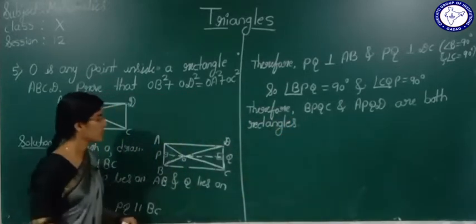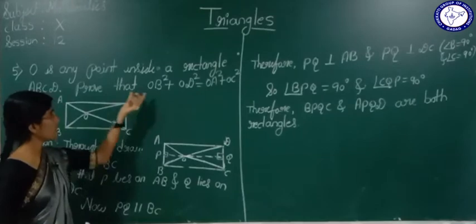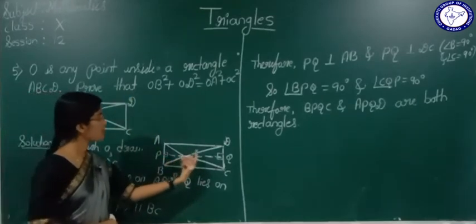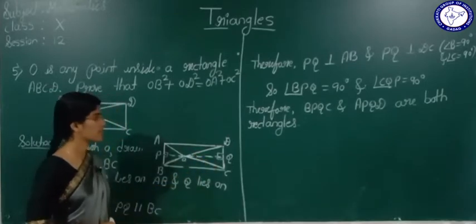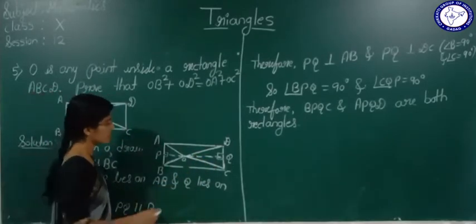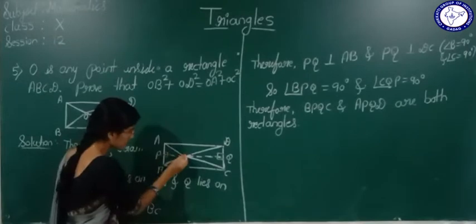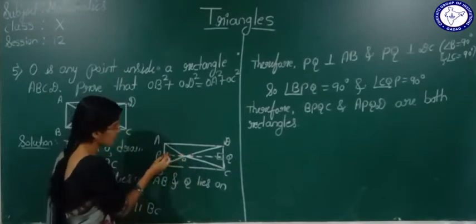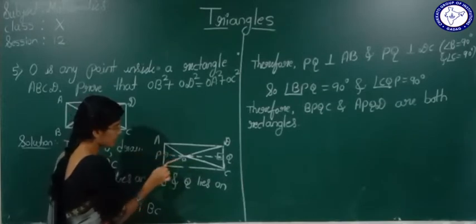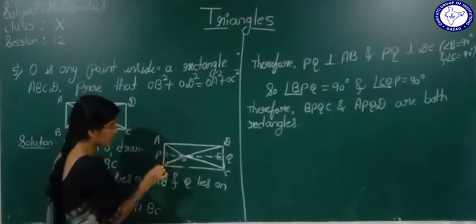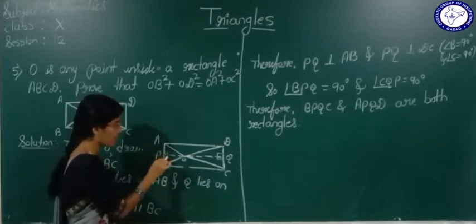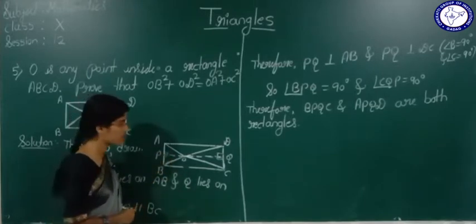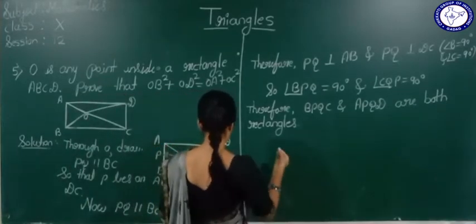Now see what we want to prove here. OB square plus OD square is equal to OA square plus OC square. Now OB belongs to this triangle. In triangle OPB, angle P is 90 degrees, right? We can apply the Pythagoras theorem here.